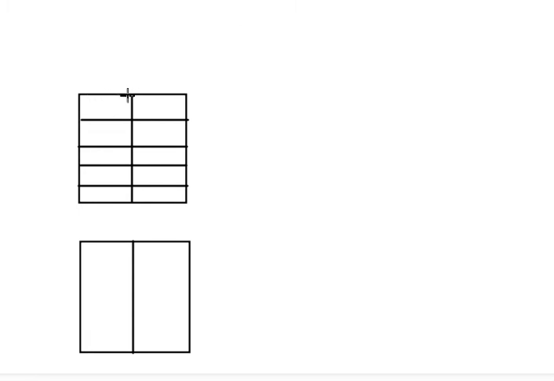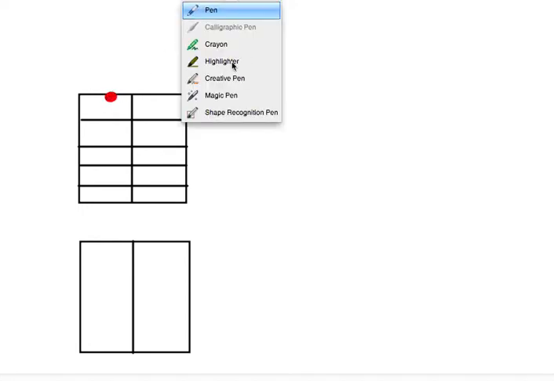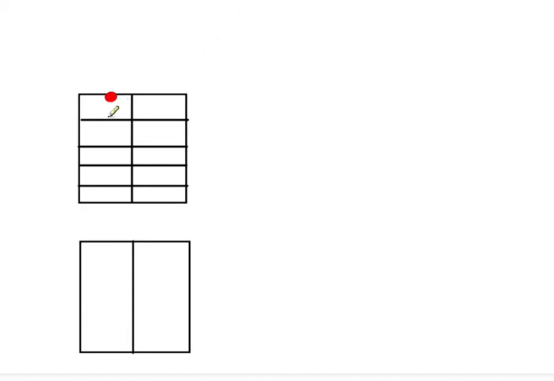And I color in this section. Write in your journal what this fraction would be worth. And then the same as this one.